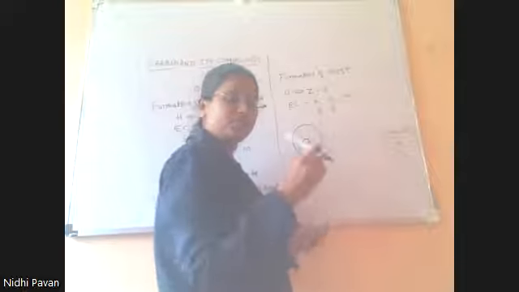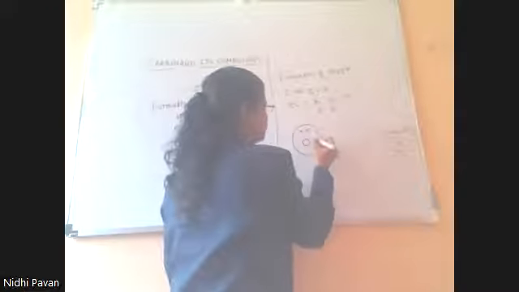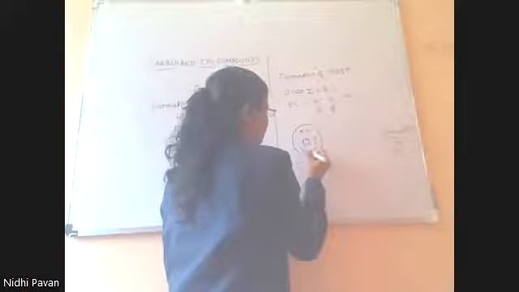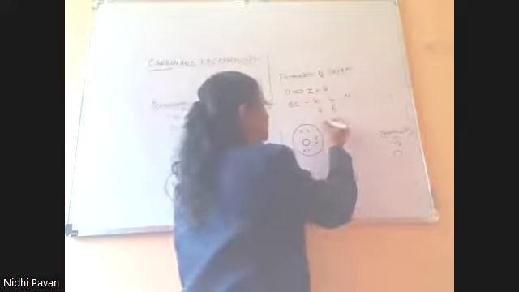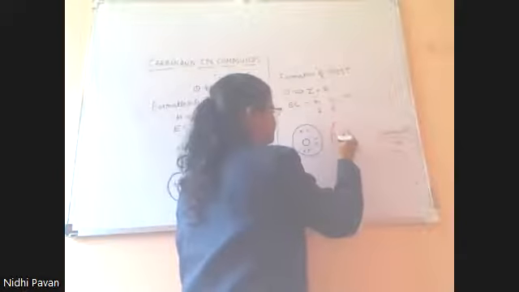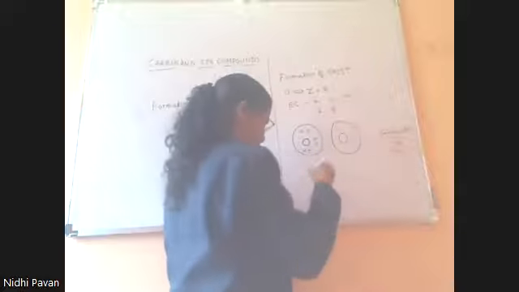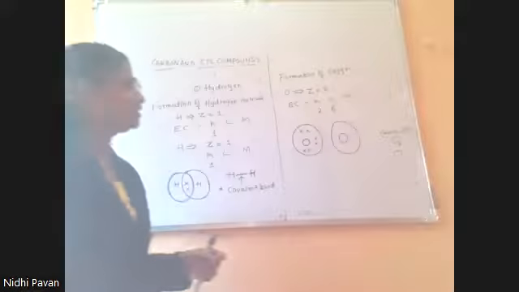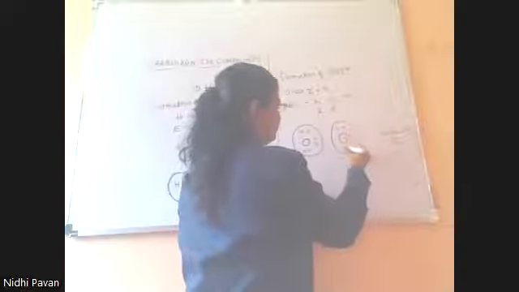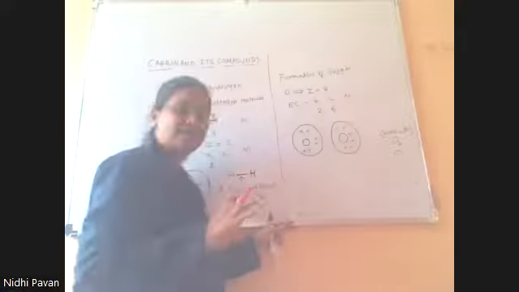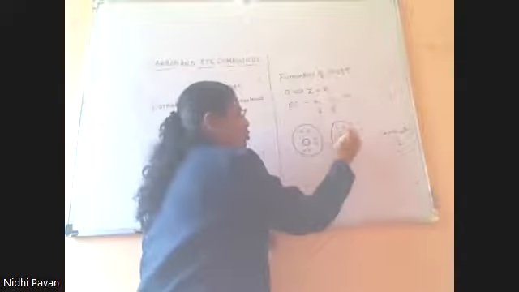In the outer shell it has 1, 2, 3, 4, 5, 6. One more oxygen atom will also have 6 electrons. So both the atoms are in need of 2 electrons.